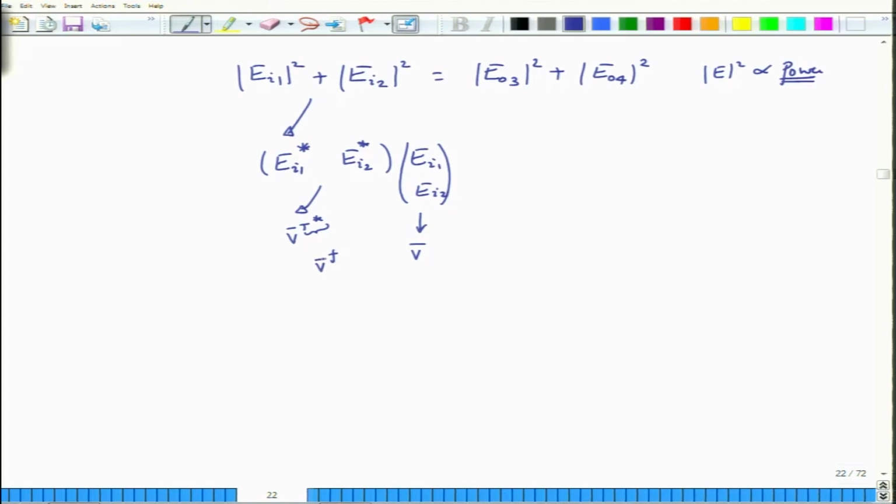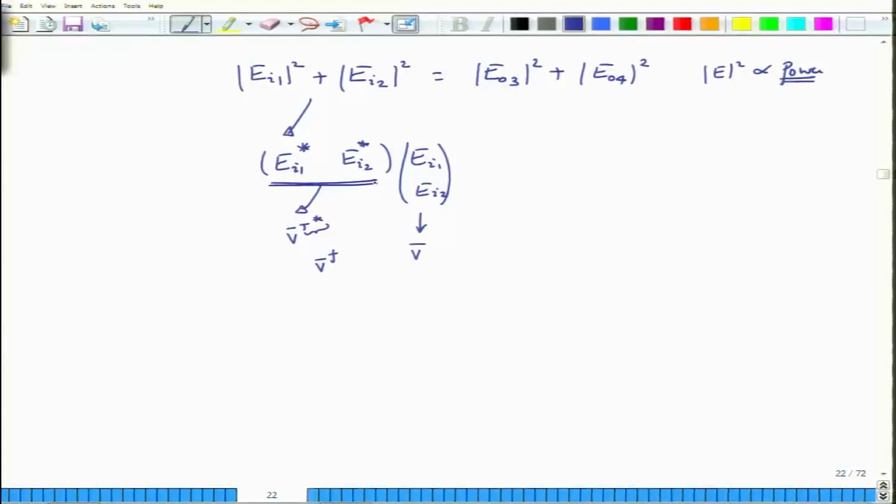So for a complex vector v, the adjoint means you first transpose the vector and then individually conjugate its elements. If you start with a column vector, you end up with a conjugate transposed row vector, as you can see here.